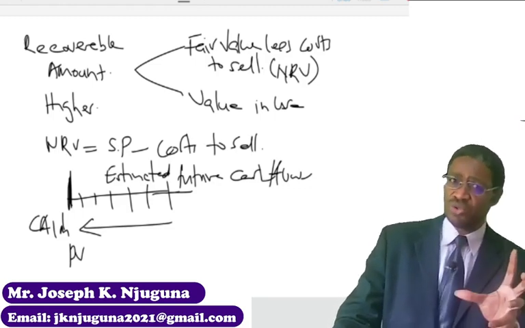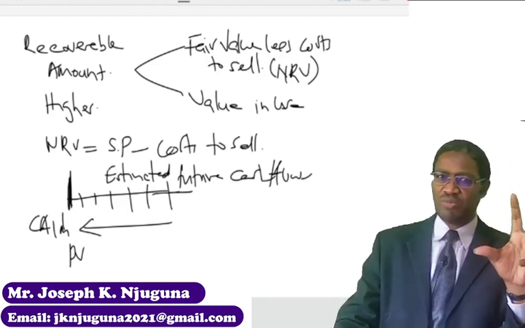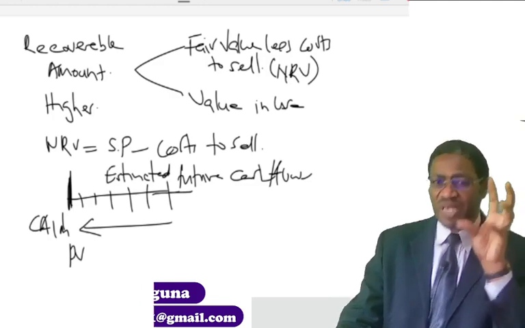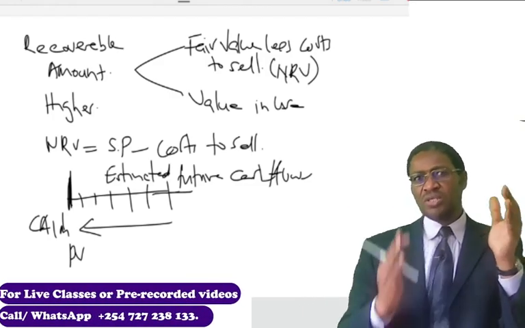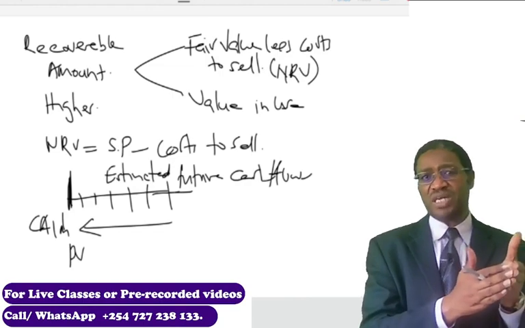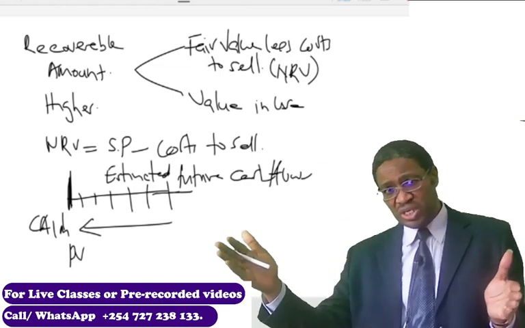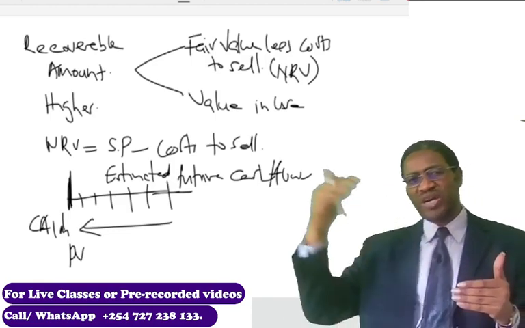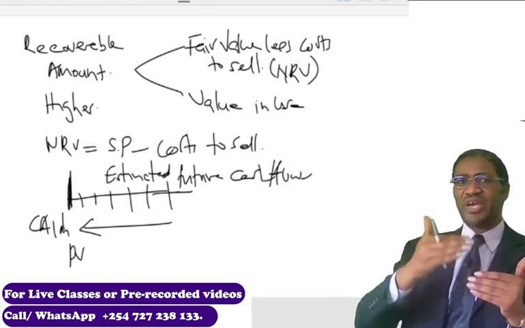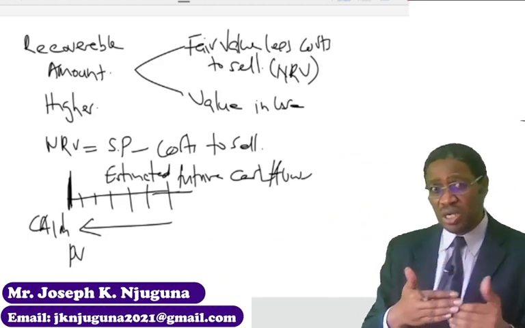So now you know how to get the net realizable value. I hope you remember. We have said to get the net realizable value, you take the selling price of that asset and you minus any cost to sell. Then number 2, how do you get the value in use? You get the present value of all the estimated future cash flows.